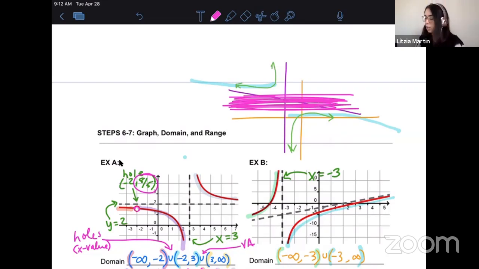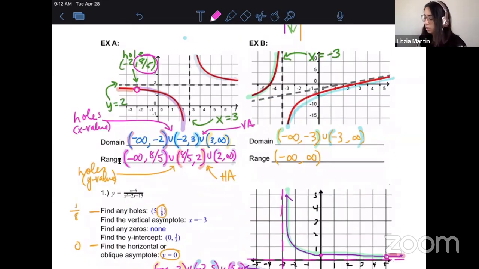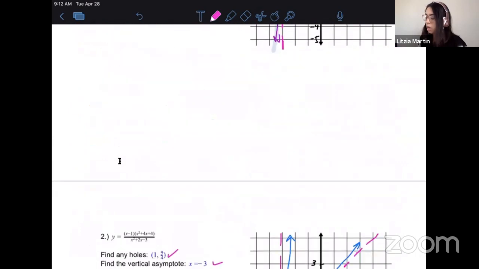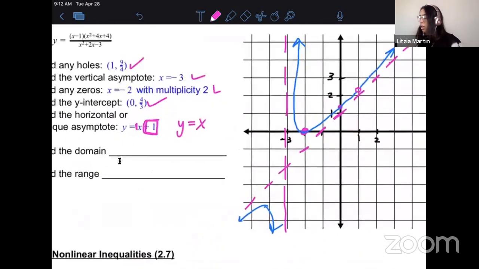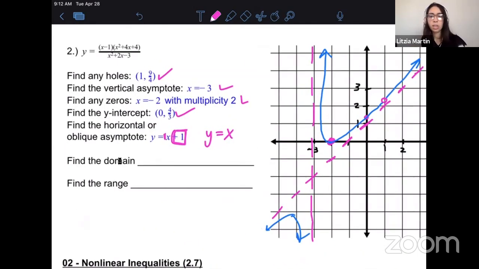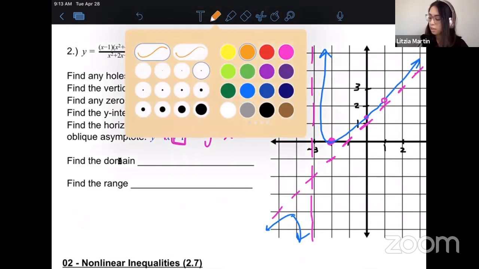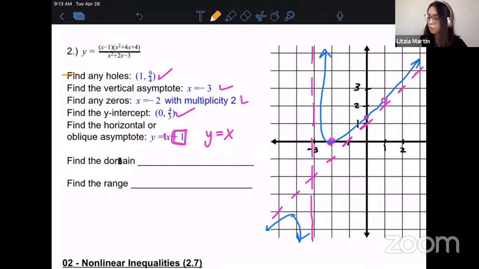All right, so let's take a look at this one here. And actually, let's see really quickly the domain. So the domain, remember, doesn't change. If I see that there's a hole here and a vertical asymptote, those are the two things that are going to break up my domain.